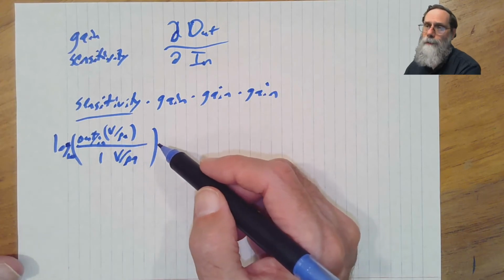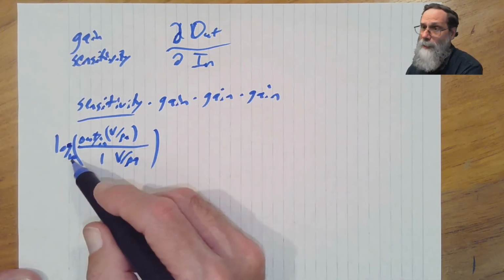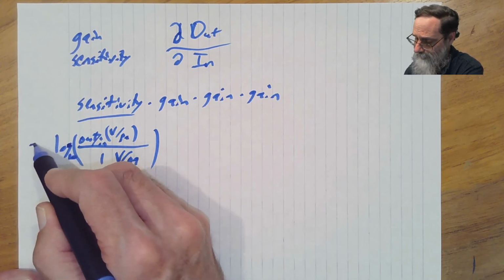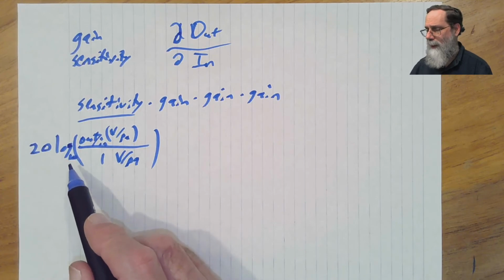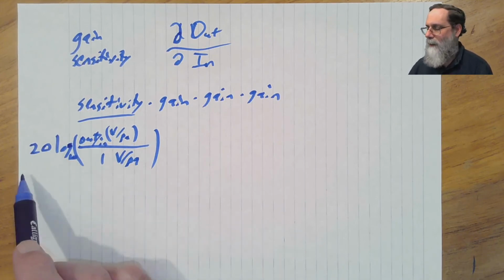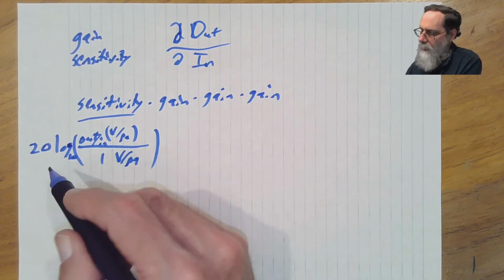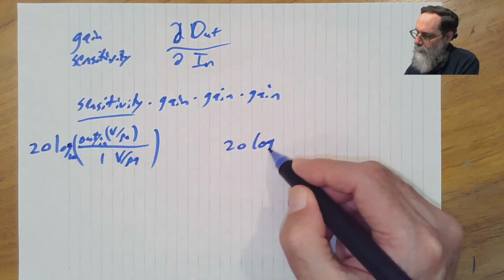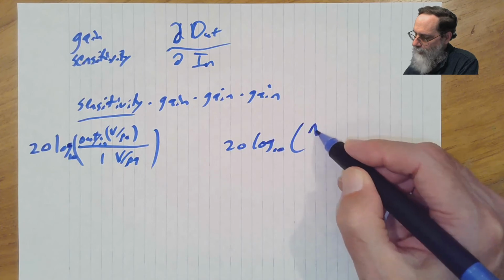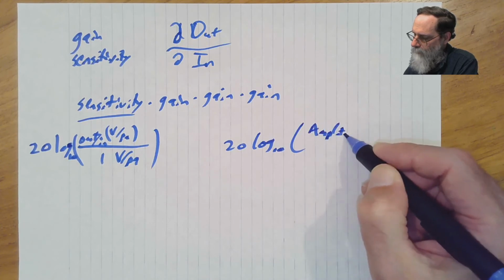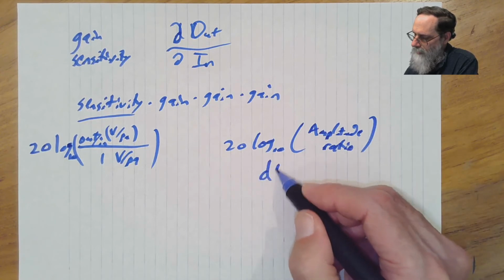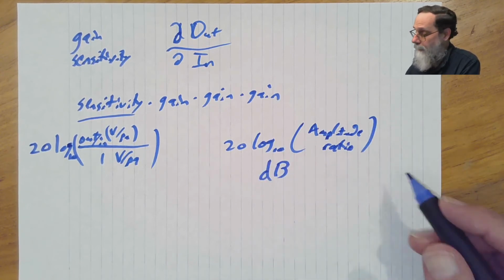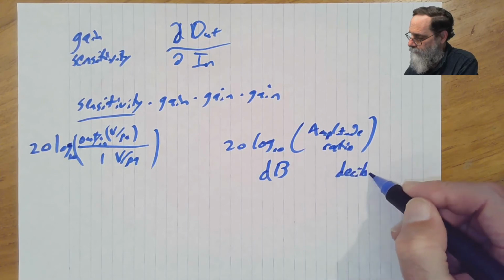When we're doing this, engineers like to use not log base 10, but a different unit: 20 times log base 10, which is equivalent to using 10 to the 1/20th as the base. This 20 log base 10 of an amplitude ratio is known as decibels and abbreviated dB.